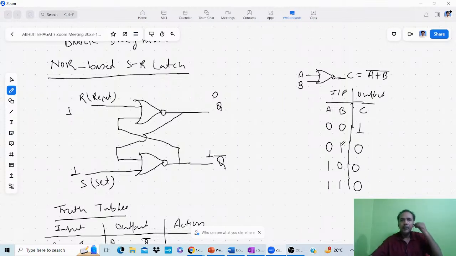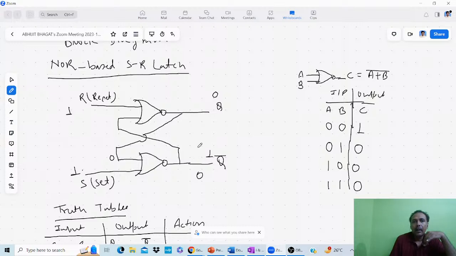Okay, sorry for the interruption. So when it is 1 1, in that case, suppose if the previous output is 0 and 1, Q is 0 and Q bar is 1, what happens in that case? So this is 0, means this will be 0. So here 1 and 0, you will get here what? One input is 1, so here the output will be 0.